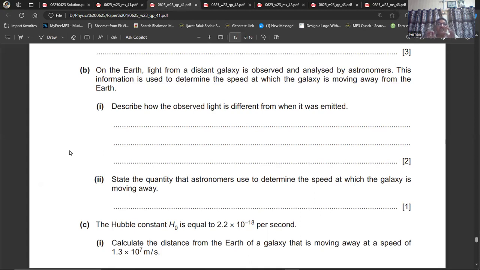So we see a red shift in the light. Redshift means the light which reaches the Earth has a larger wavelength and less frequency as compared to the light when it was originally emitted from that galaxy.